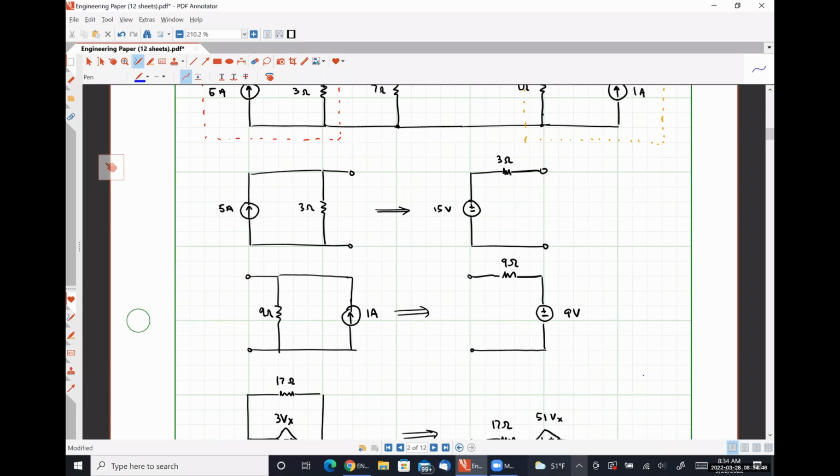A 15 volt source in series with a 7 ohm resistor is going to look like a 15/7 amp source in parallel with a 7 ohm resistor, right? This transformation can go both ways. To go this way, Vs was simply Is times Rs. To go the other way, Is must be Vs over Rs, which is exactly what Kevin suggested.